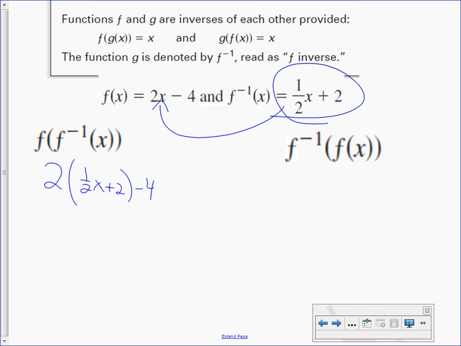Simplify. I get x. Right? Then take this equation and substitute into here.